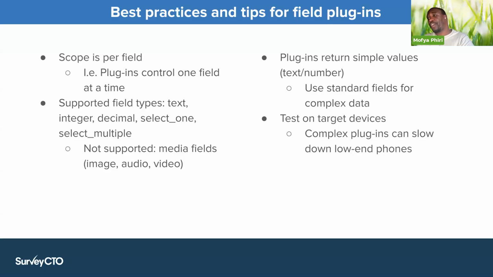So it controls the instructions, the timing, the validation, and then use a normal field to capture the actual media, the actual image, the actual audio, and so on. And then plugins, like Shirley mentioned, return very simple values, the same values that are there. So if the return type is complex, you probably don't want to build the field plugin with that.